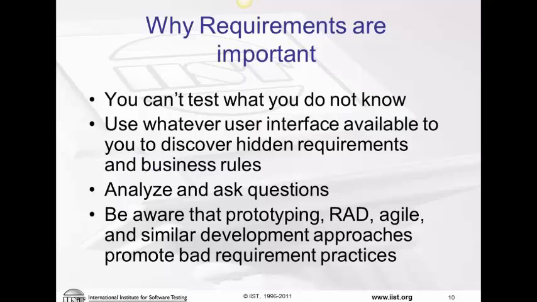Let me give you a simplified example. If you are in front of a screen that you're supposed to be able to test canceling an order, and one of the fields on the screen is a drop-down list that says the status of the order, or actually nothing on the screen that shows what the status is, because the system knows what the status is.